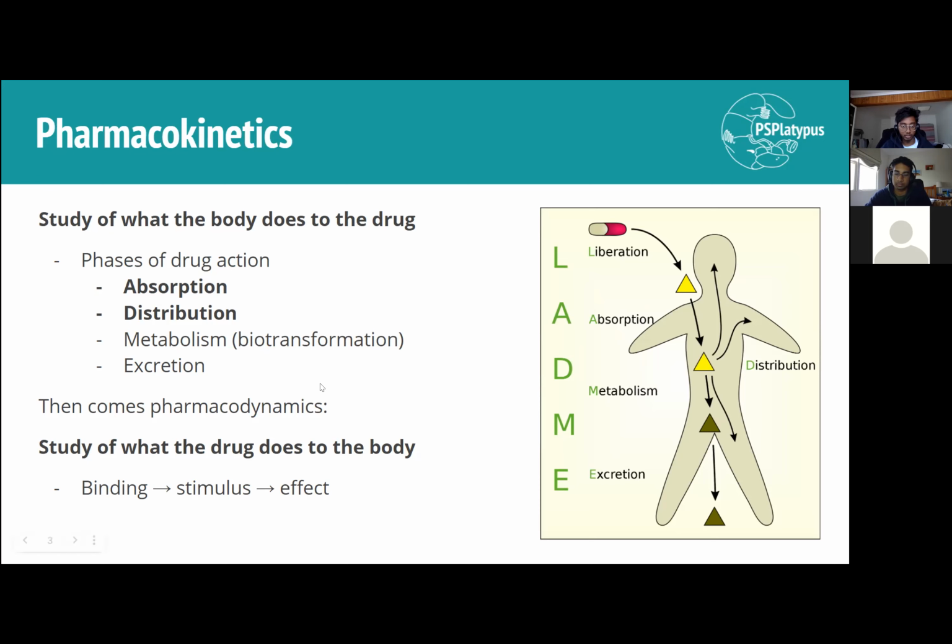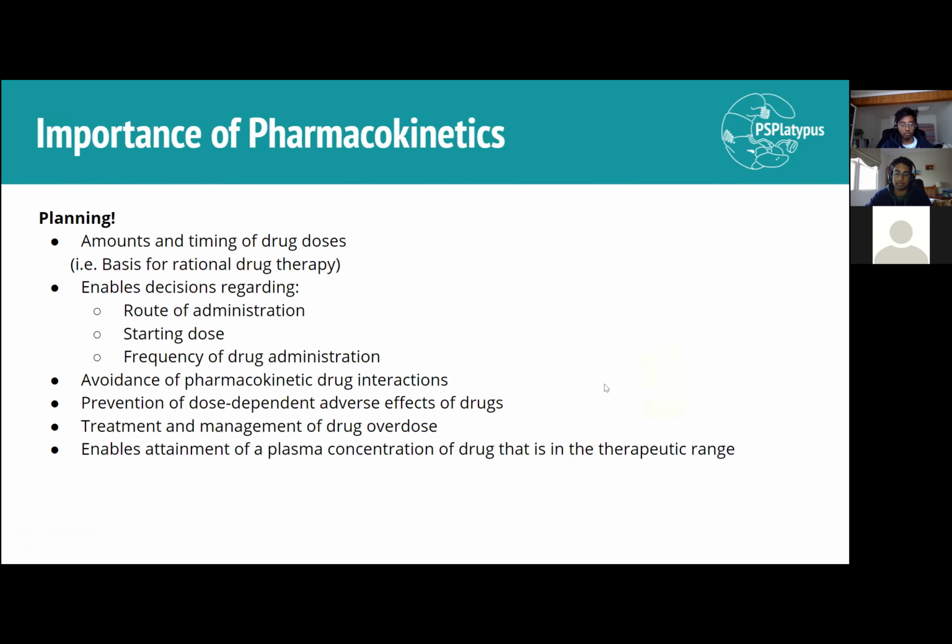The contrary is pharmacodynamics, which is a study of what the drug does to the body. So that's essentially the stuff about drugs binding to receptors and them having an action on the body. So pharmacokinetics is pretty important because we want to get our drug doses and the timing correct.